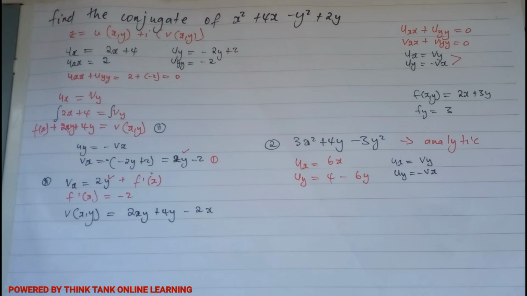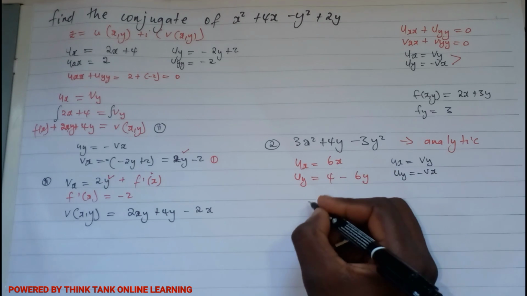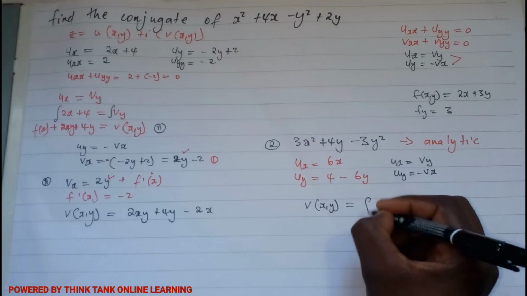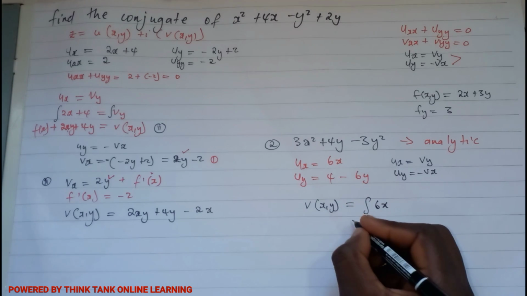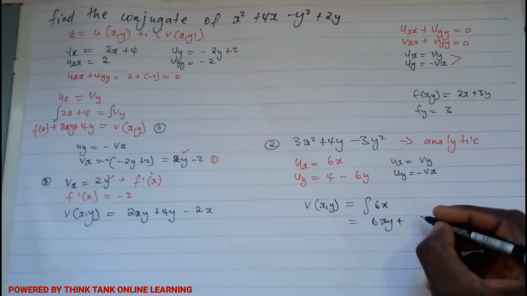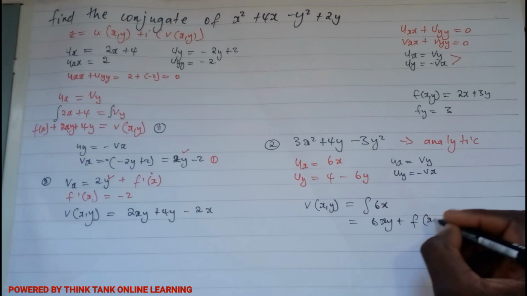Now that means we're going to integrate this one. So v of x, y is going to be the integral of 6x. If we integrate, we're going to get 6xy plus the function f of x.